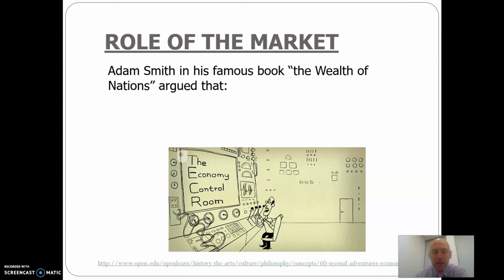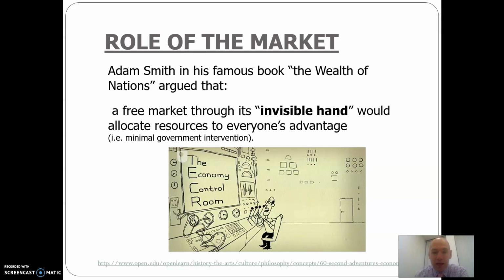Okay, the role of the market. Adam Smith, a famous economist, said in his famous book, The Wealth of Nations, where he argued that a free market through its invisible hand would allocate resources to everyone's advantage, providing there was minimal government intervention.